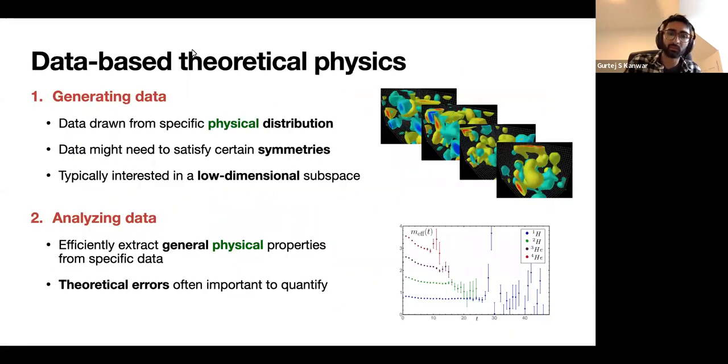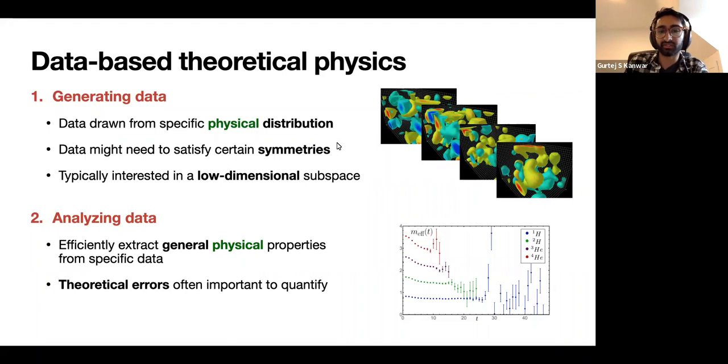And it's worthwhile then to note that there's a structure to these data-based theoretical physics calculations. And the structure mirrors essentially what we see in the world of machine learning. So on the side of generating data, whether it be in lattice or these other areas, the idea is that the data is drawn from a specific physical distribution. So there's something driving this distribution that we'd like to reproduce.